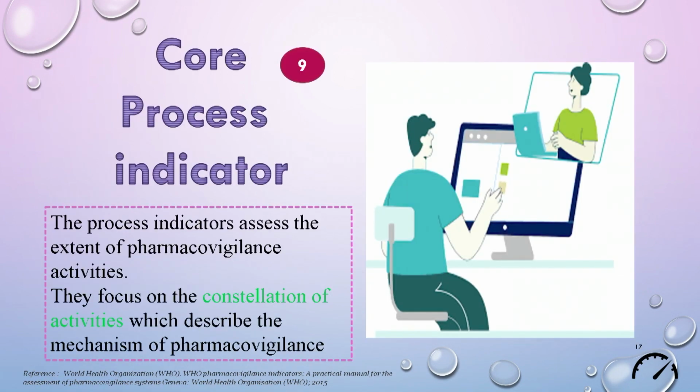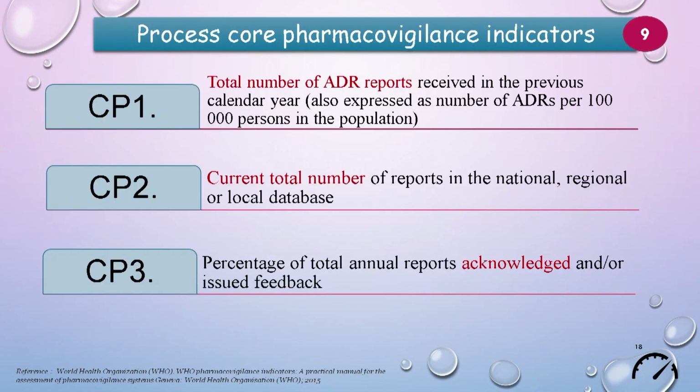Going towards the 9 process indicators, these will give the running process of the system, whether the pharmacovigilance facility or system is running properly or within standard parameters, like the 9 parameters they have given.